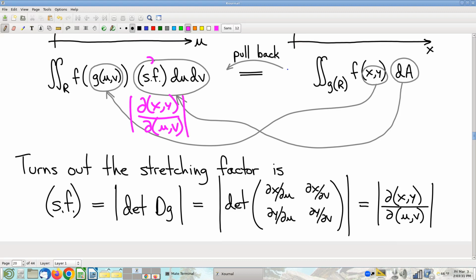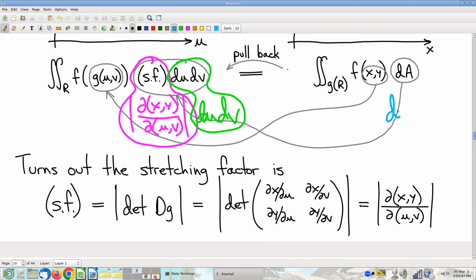There's that stretching factor. Let me write down next to it the du dv that I'll be multiplying it by. And of course what that's supposed to end up equaling is the area on the right hand side, which I'm going to call dx dy.